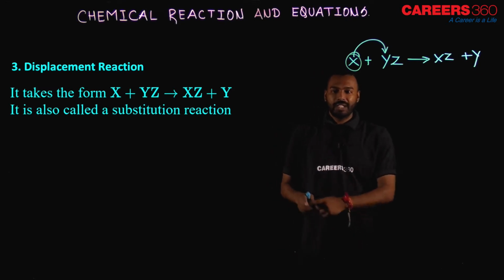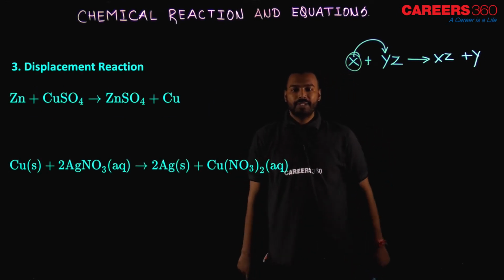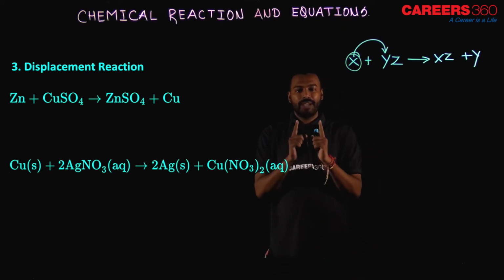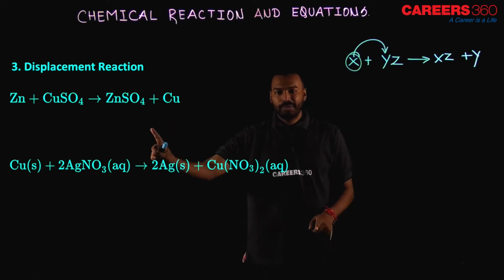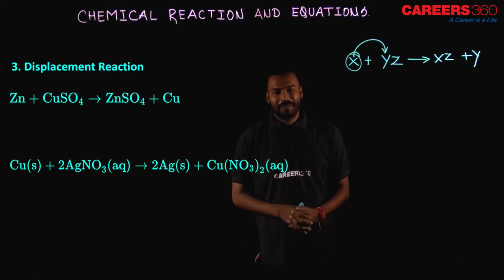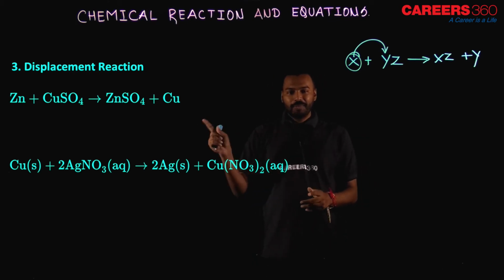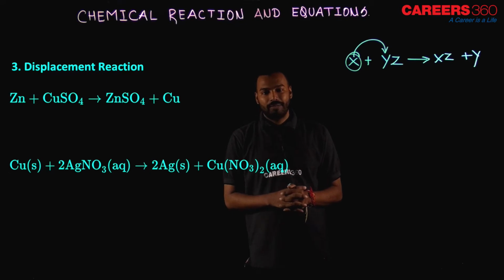Let me show you slide number 2 now. See, Zn and CuSO4. My very simple question to you is, who is more reactive, Zn or Cu? Let me check how meritorious you are. Dear student, Zn is more reactive. Why?